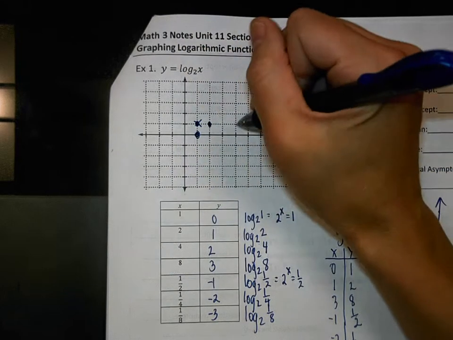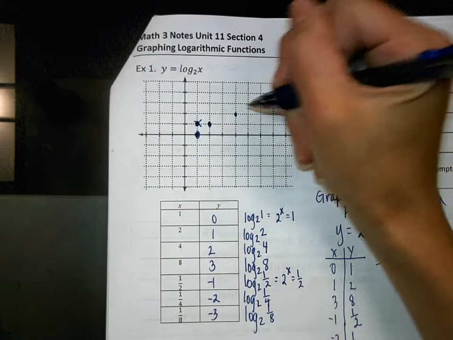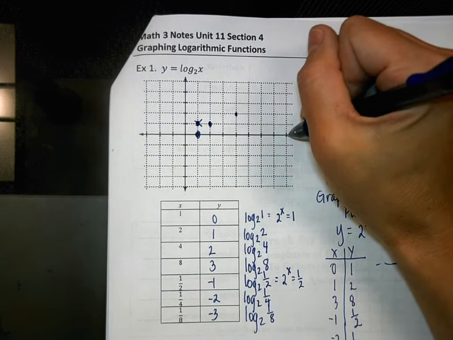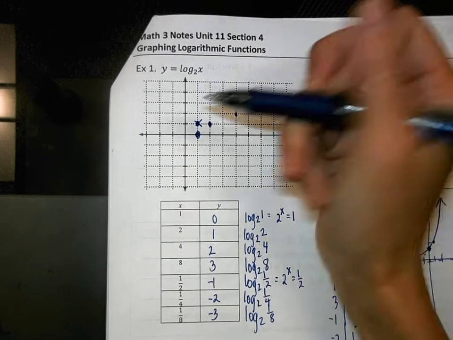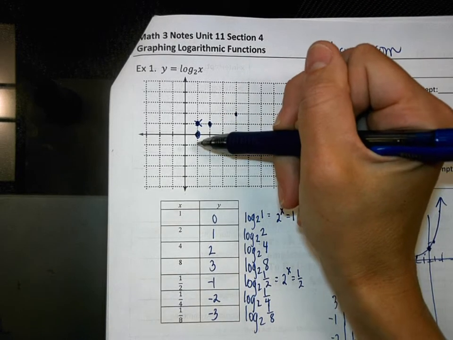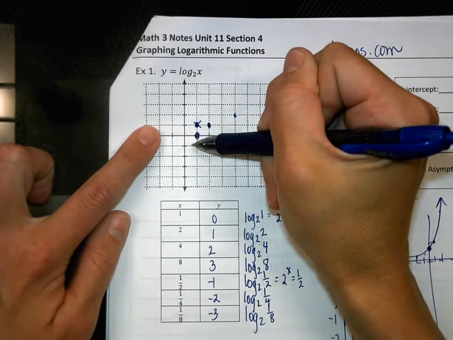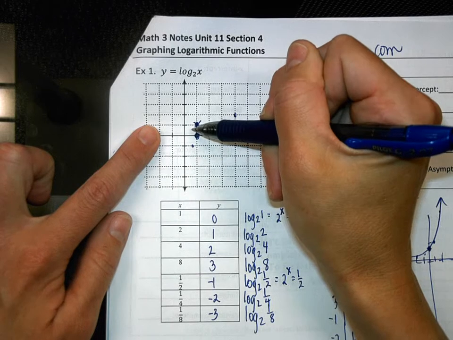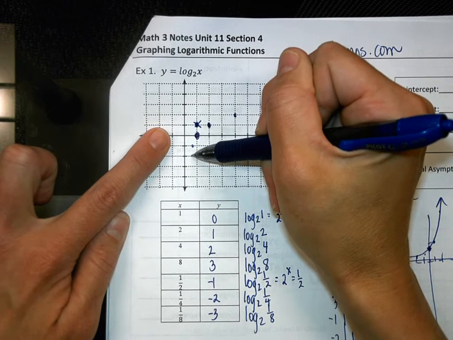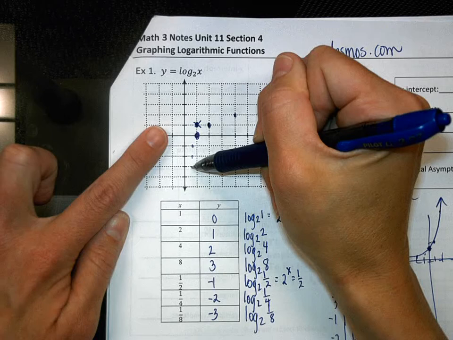4 up 2, 8 is up 3, so 8's over here. And then we have our 1/2 went down -1, our 1/4 went down -2, 1/8 went down -3.